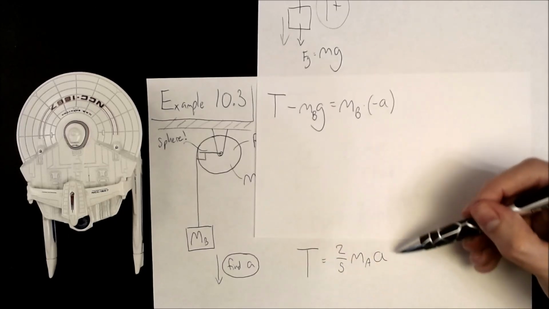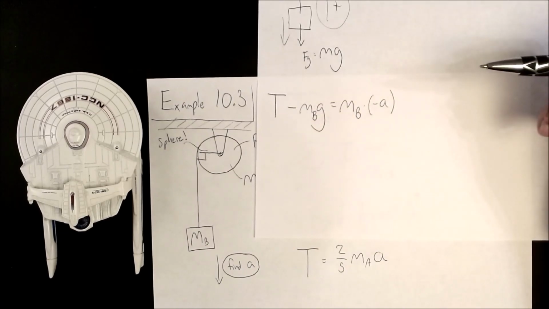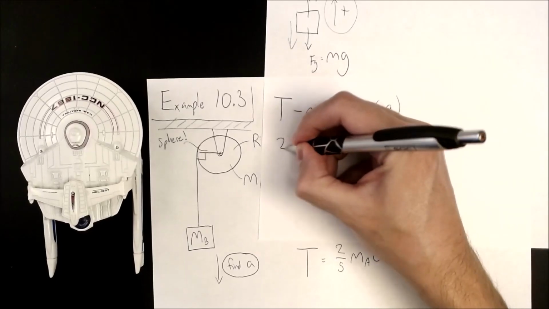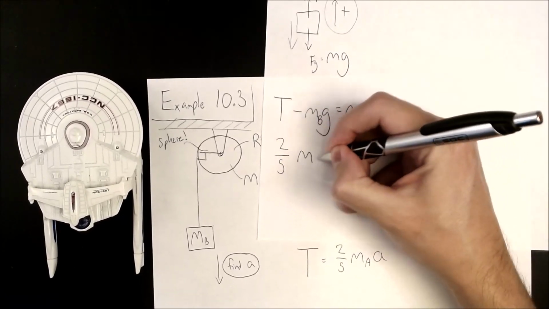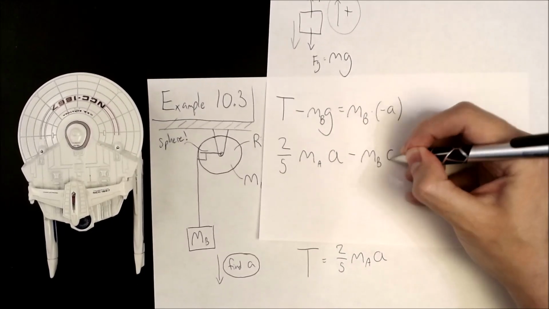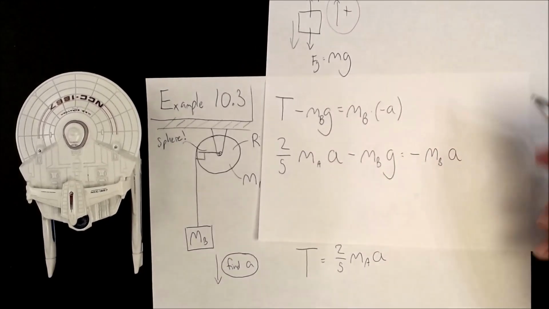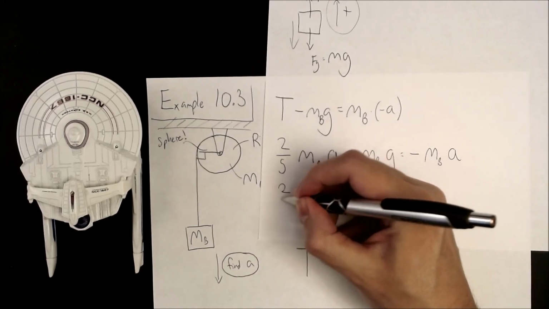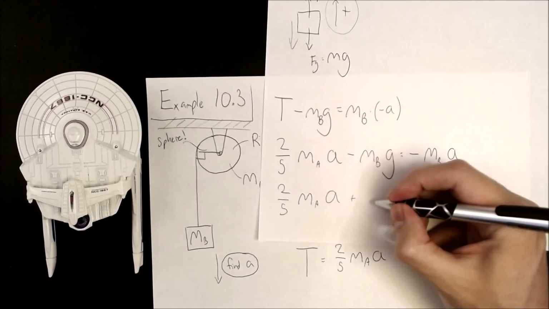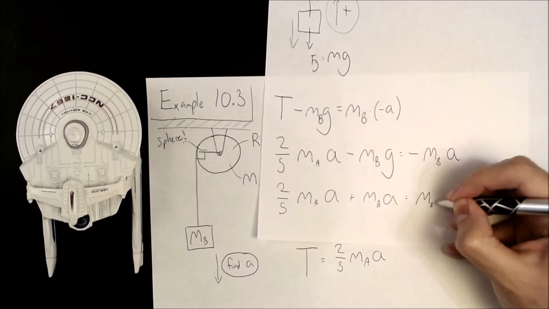I can take this tension and plug it in right there and solve for A. So now I've got 2/5 times MA times A minus MB times G is equal to negative MB times A. I need to solve for A, so we've got 2/5 times MA times A plus MB times A is equal to MB times G.